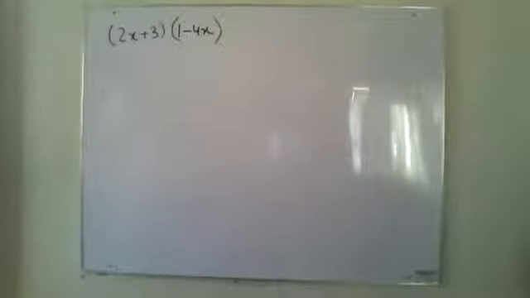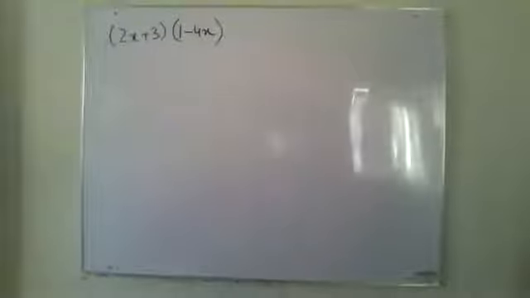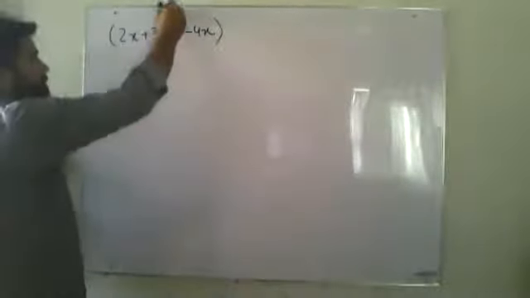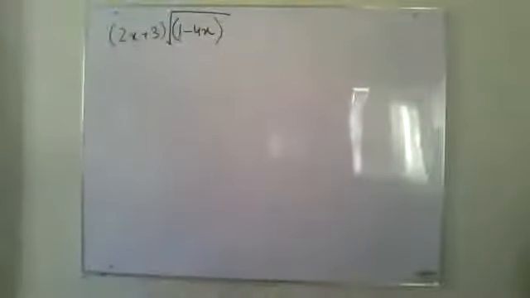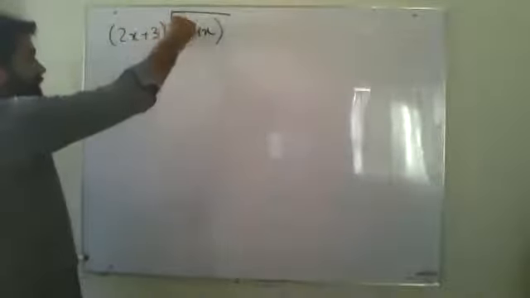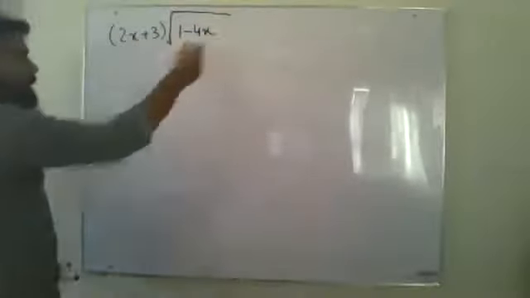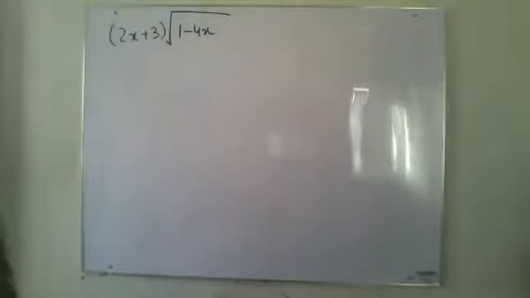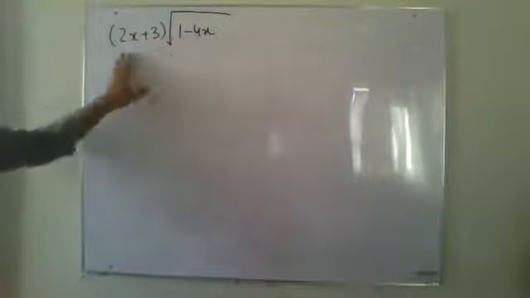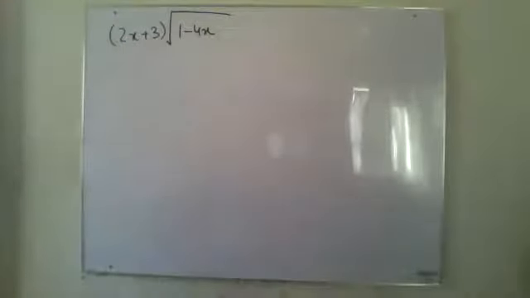But if in the same question I would have made it like this, now I can't do anything. Now I can't solve them. So if I tell you that you have to differentiate this thing, it cannot be done in a simple way, because this thing and this thing cannot be multiplied.